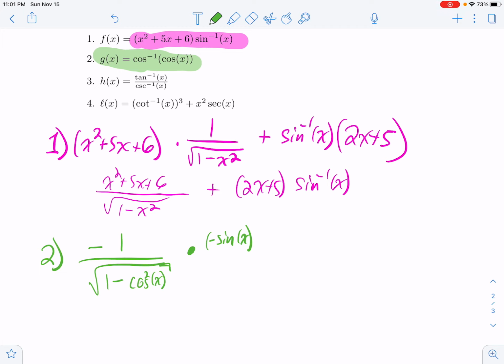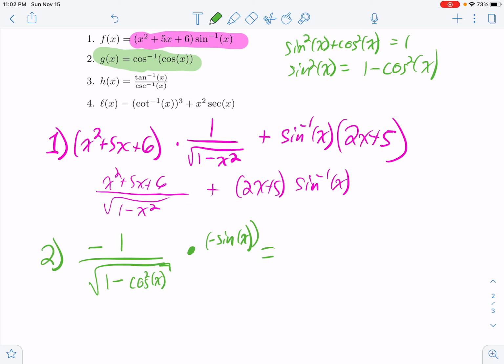But we can actually do some simplification because remember, since sine squared x plus cosine squared x is equal to 1, sine squared x is going to be equal to 1 minus cosine squared x. So I can make some simplifications here.